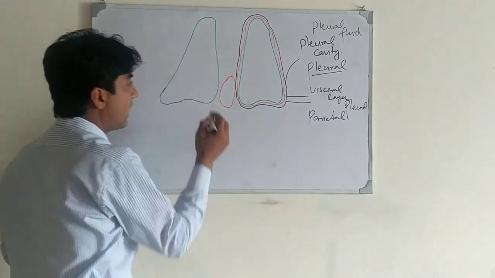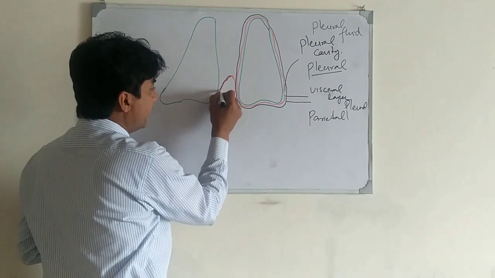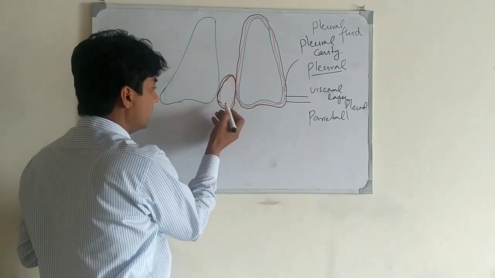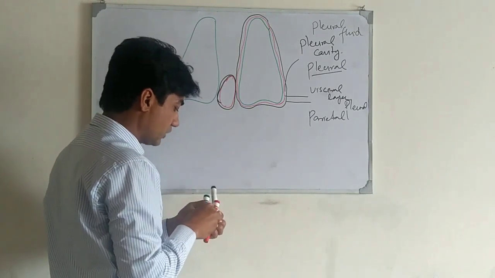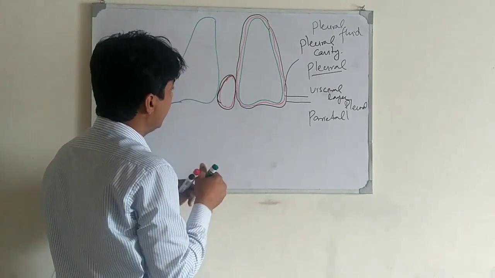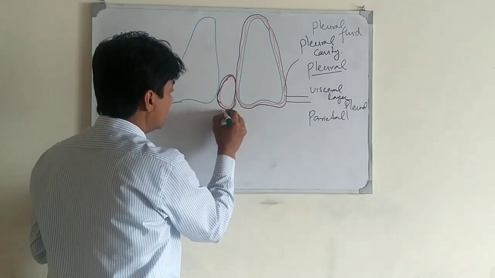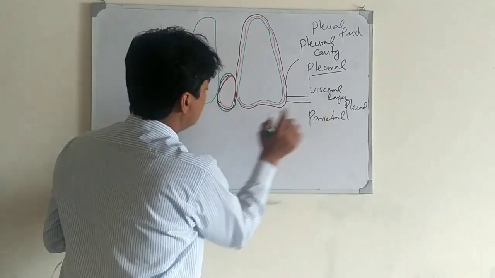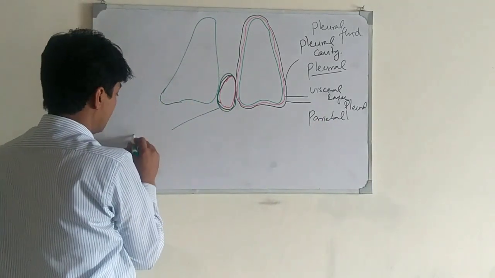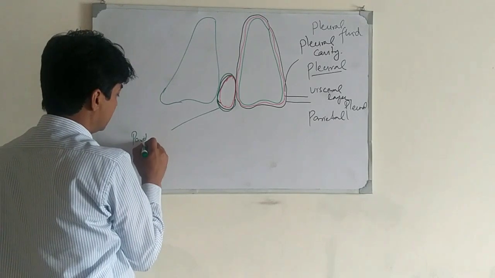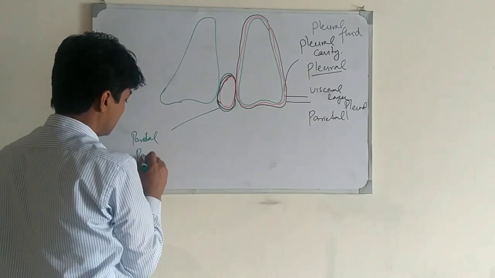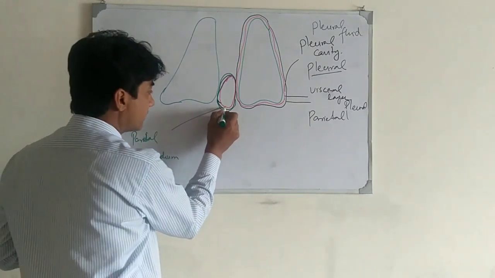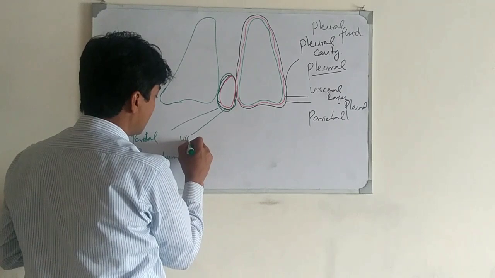Here the heart is also covered by a pericardial membrane. One is inner and one is outer. The outer layer, same as the pleural layer, is the parietal layer, called the parietal pericardium, while the inner layer is called the visceral pericardium.